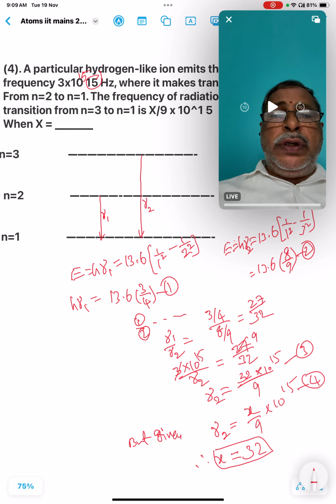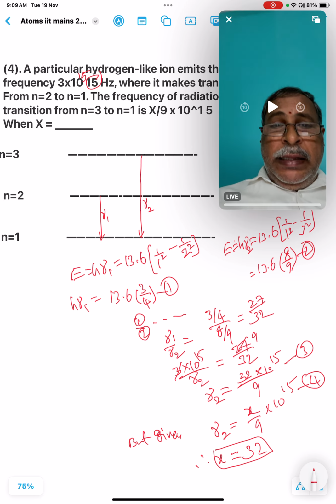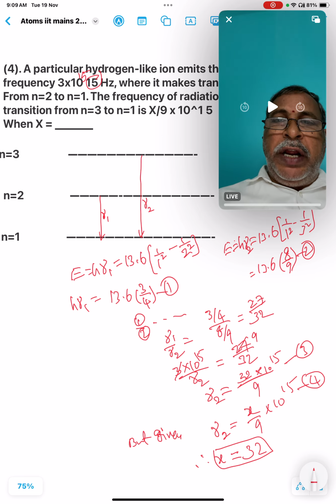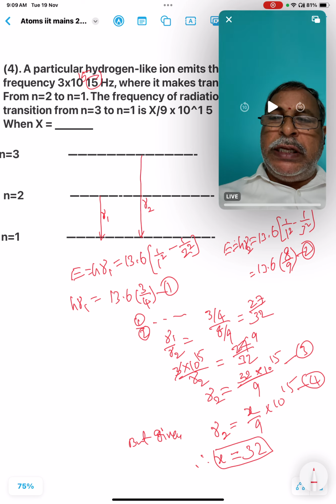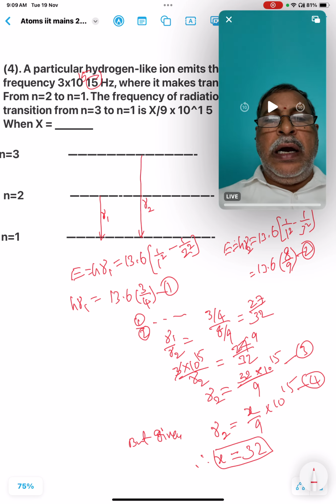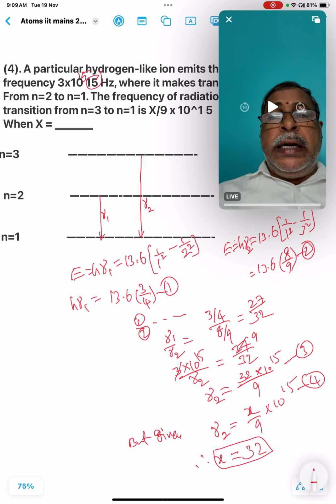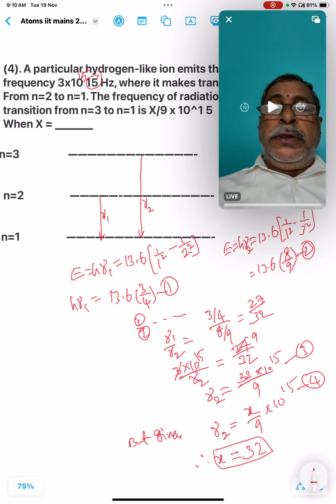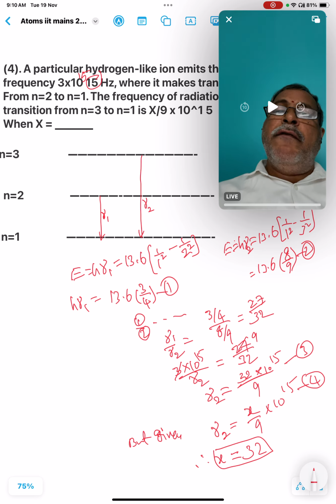But in this academic year 2025, there is no choice in section 2. Total questions are 25: section 1 has 20 MCQs, single correct answer type, and section 2 has only 5 integer type questions, just like this problem. No options will be given, and you should attempt all 5.